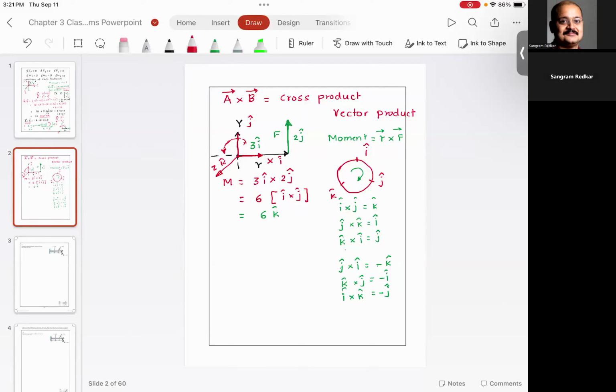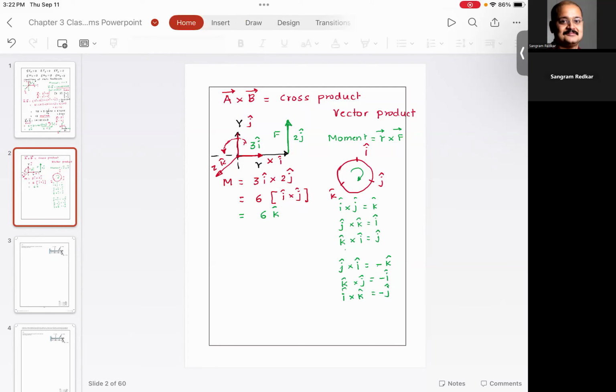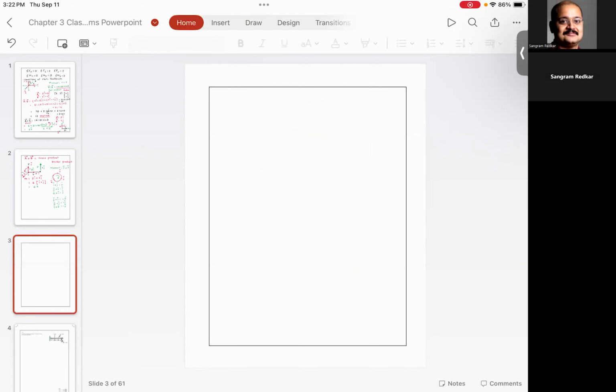So remember, if you want to find the moment, you can use the radius multiplied by the force. If you want to use the vectorial representation, you can use the cross product. Now, let me solve the problem that we started with. This is a very important problem.